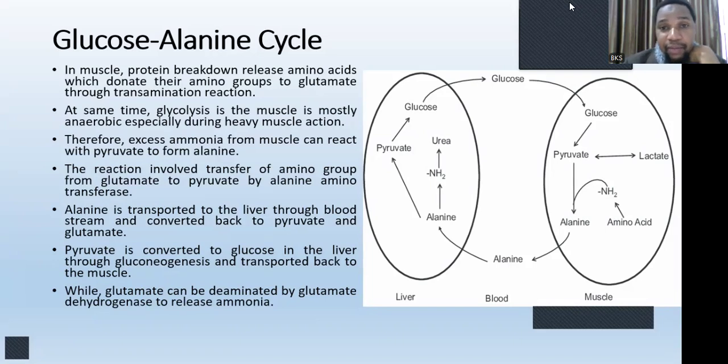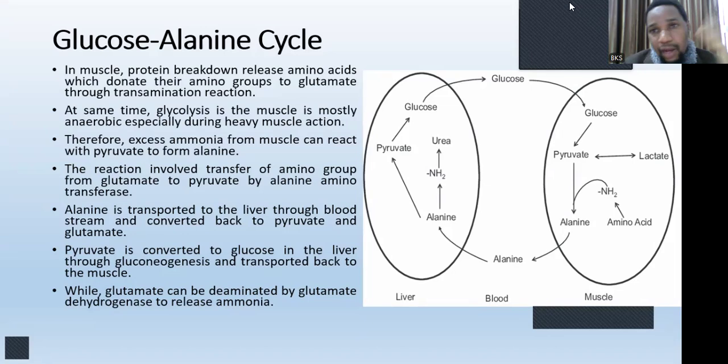In the liver, the alanine can be converted back by the same enzyme, alanine aminotransferase, to produce pyruvate and glutamate. The glutamate, of course, can undergo oxidative deamination inside the mitochondria, and then the ammonium is released. What will happen to ammonium, we'll talk about shortly.